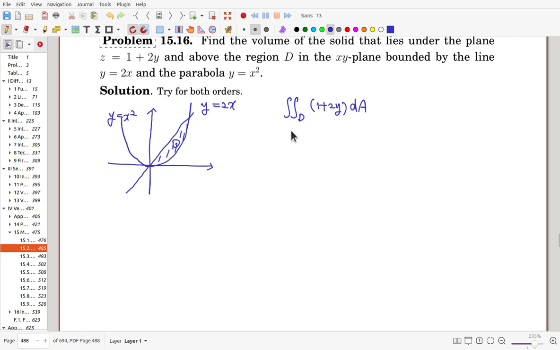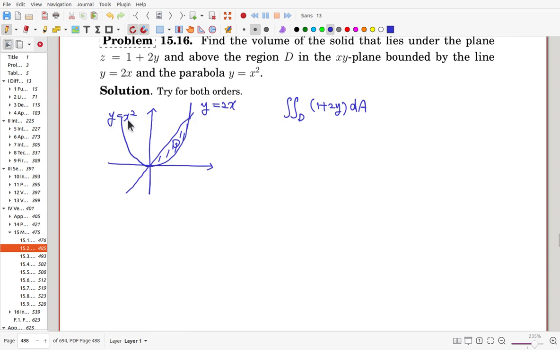Now, to get the solution, we may access this domain either with the x direction as the outer integral or the y direction as the outer integral. Either way, we can access the domain easily and systematically. First, let's find this intersection.